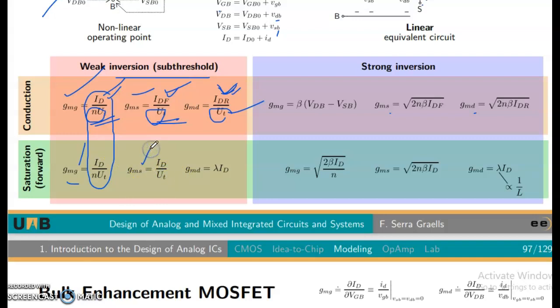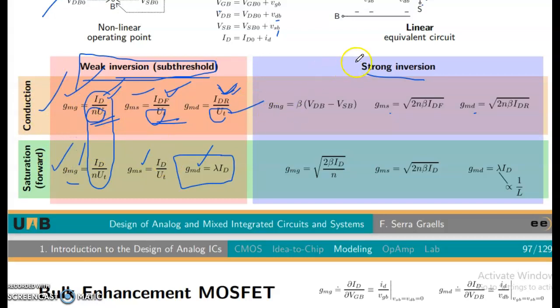Here in drain we have to multiply lambda with ID. That is why this is the GM, the conductance in drain. This is weak inversion, the sub-threshold, in conduction and saturation forward.